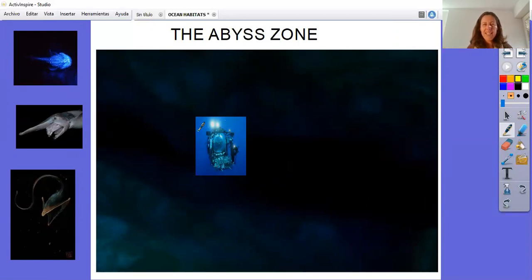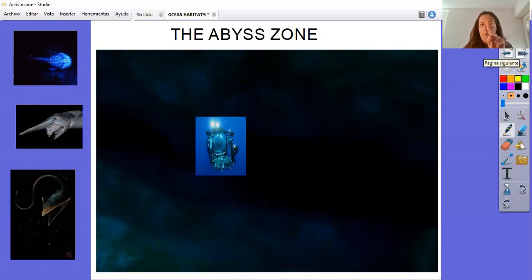Nobody knows exactly what's going on in the abyss zone, but you can find life as well. Look at this shark. This is a kind of shark, amazing. And the creatures that live here glow in the dark.